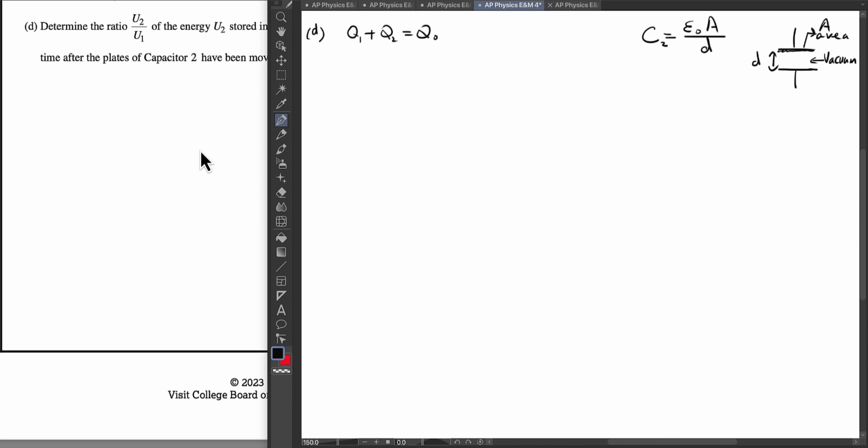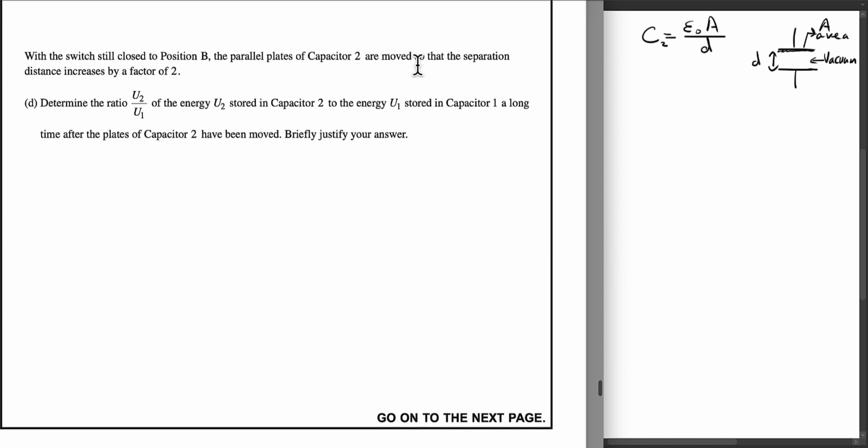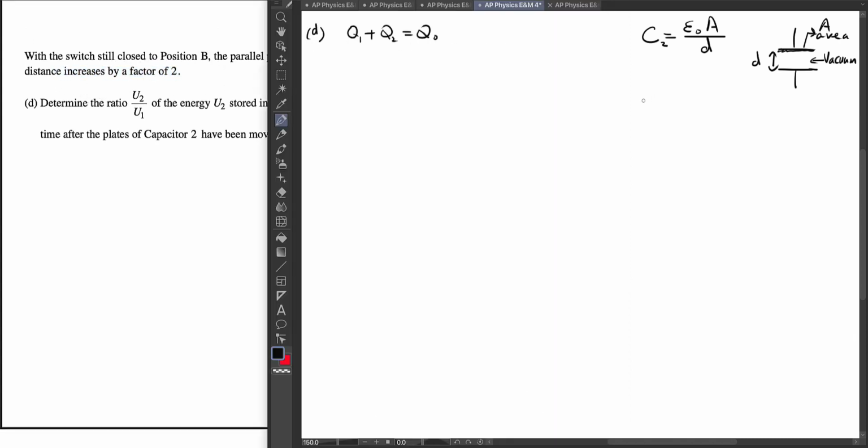Okay, so now we see we double the separation, right? So D becomes 2D, okay? So that means that C2 becomes half the original C2, which is 2C, right? So we get C here.